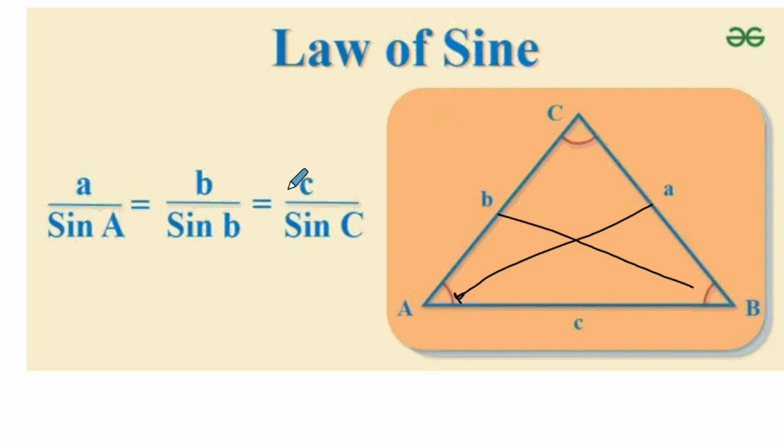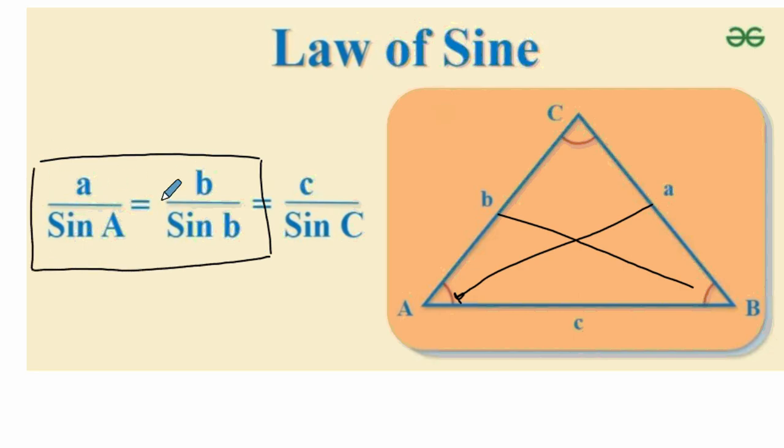To do this, I would need to know three things. I'll need to know a, b, and capital A, or I'll need to know the two angles and side b. So let's get some numbers here and we'll try it.